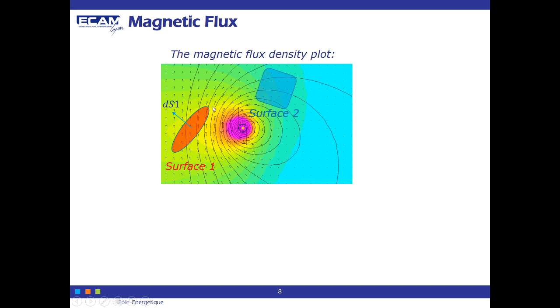If we have two different surfaces on our magnetic flux density plot here, the amount of the flux passing through surface 1, the red one, and surface 2 will not be equal to each other, even if they have the same amount of surface. This is because the direction of the surface vector matters. What we are talking about, in fact, is the normal vector.